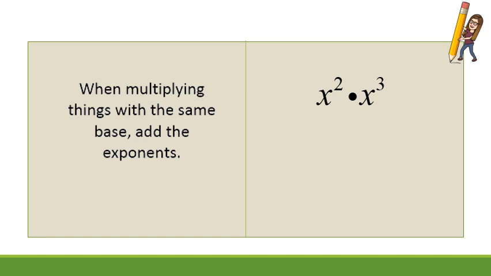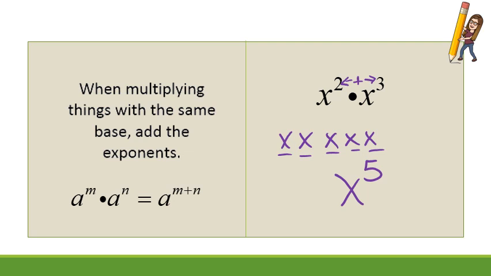If I have x squared times x cubed, if I forget the rule, I could write it out twice and then 3 times, and then count to see that that gives me x to the 5th. Okay, but again, if I have large exponents, that's going to become pretty cumbersome. So if we can remember the rule to add the exponents, that would be very helpful.